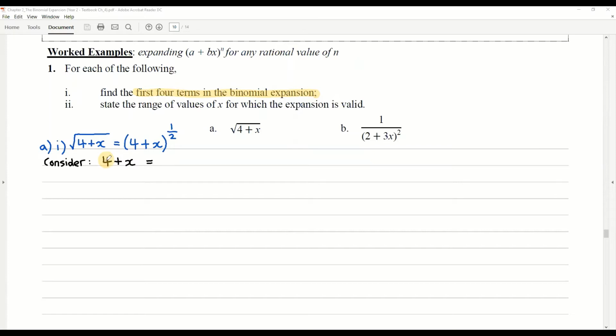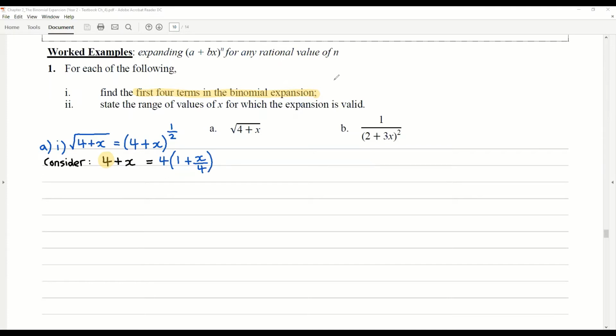So if it was 3 plus x, you must factor out a 3. If it was 2 plus x, you must factor out a 2. So this is going to give us 4, and then obviously that will create the 1. That was the whole point of doing this. And then to balance things out, we have to divide our x term by 4. So they are identical expressions, one factorized, one not.